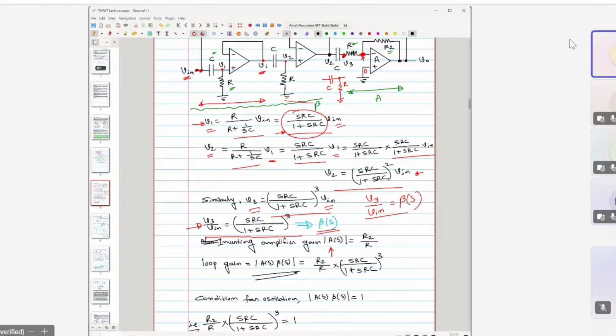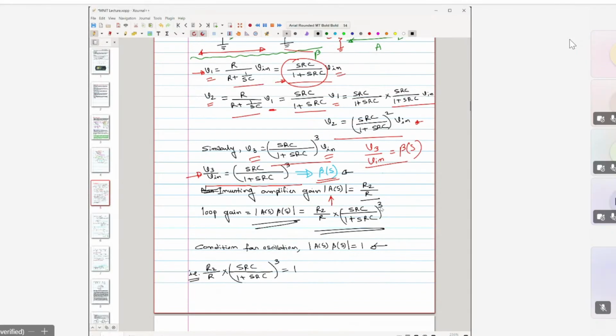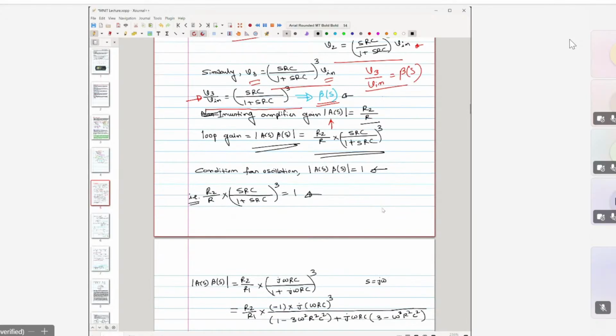Loop gain is A into beta. So if you multiply this and this beta, that would give you the entire loop gain, right? And as per Barkhausen criteria, we know the condition for oscillation is mod of A(S) into beta(S) equal to 1, right? So that means this is equal to 1, right?